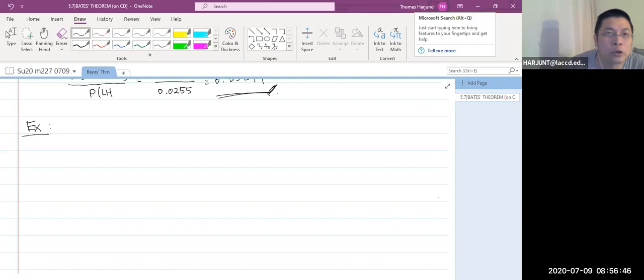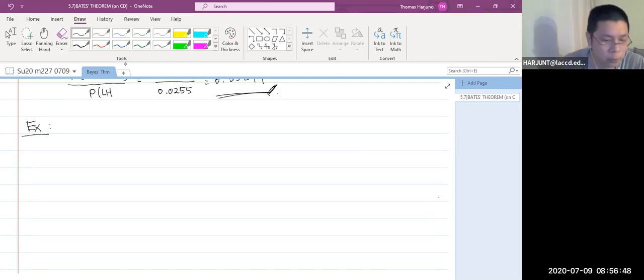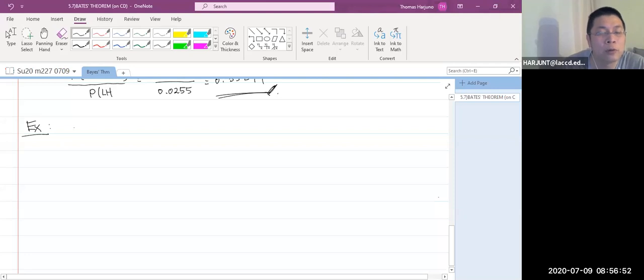So I hope I get permission from you to use an example from this COVID, this coronavirus. So here's the thing. Let's say 4% of a population contracted COVID.